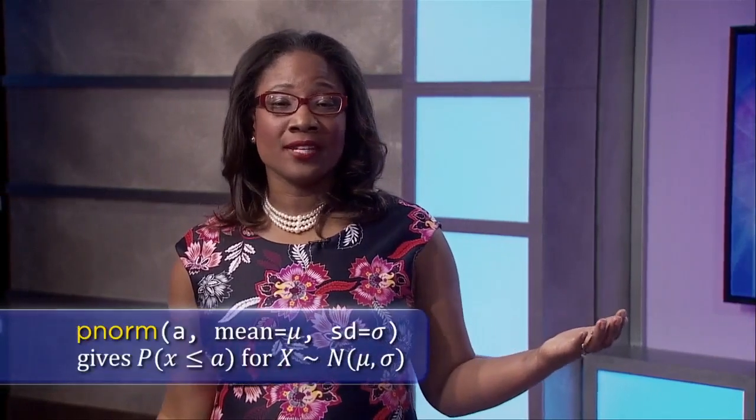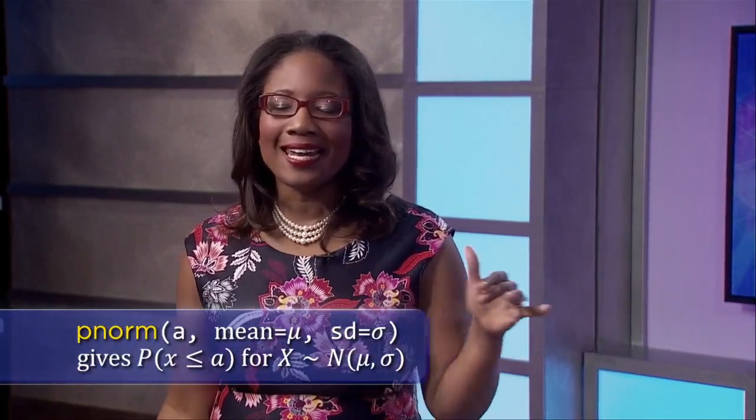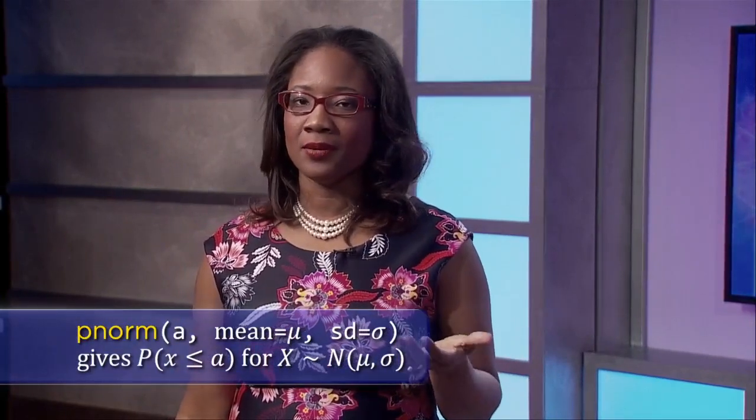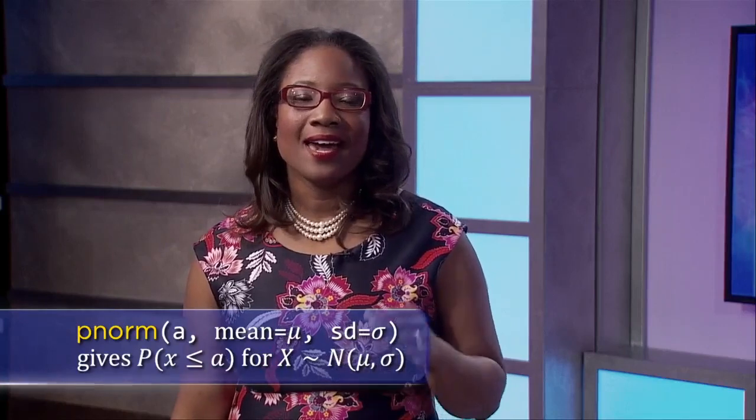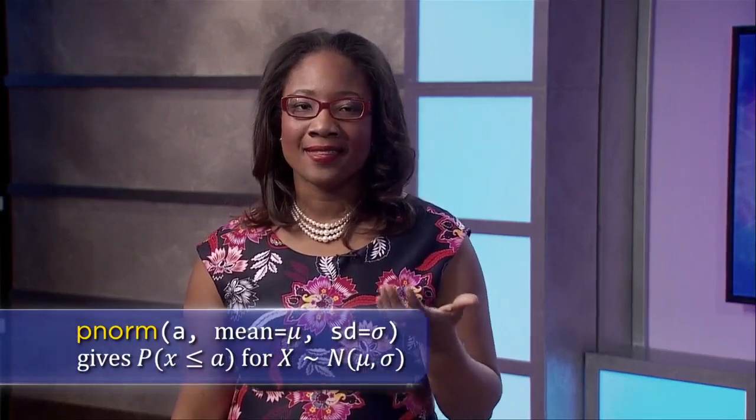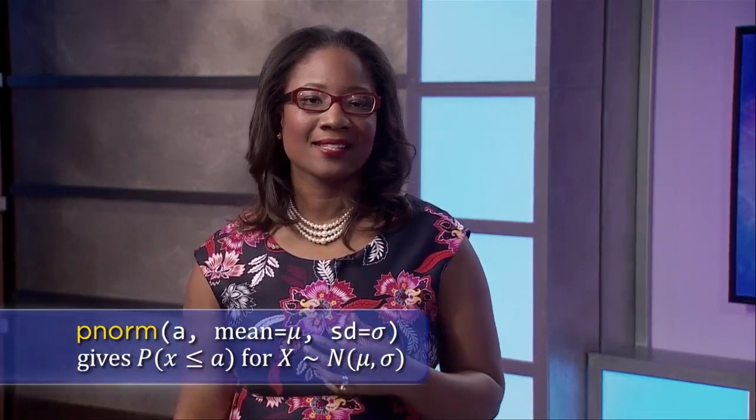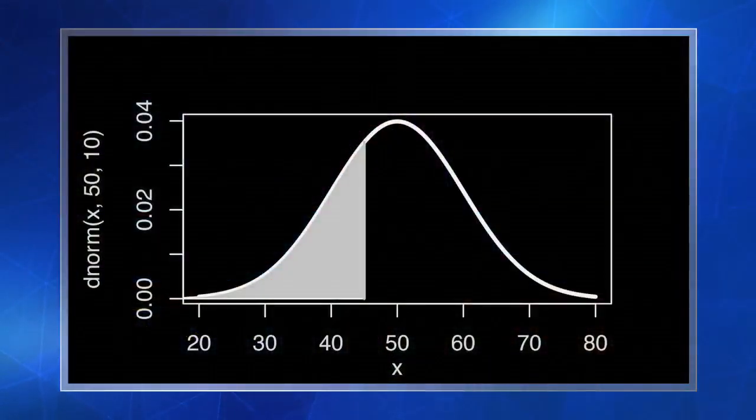And it doesn't just work for standard normals. We can plug in any normal distribution with a mean mu and a standard deviation of sigma, and it's going to give us the probability that that particular random variable X is less than or equal to a. All right, let's do an example. Suppose we've got X that comes from a normal distribution with a mean of 50 and a standard deviation of 10.